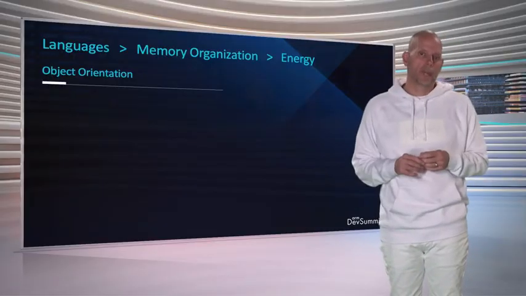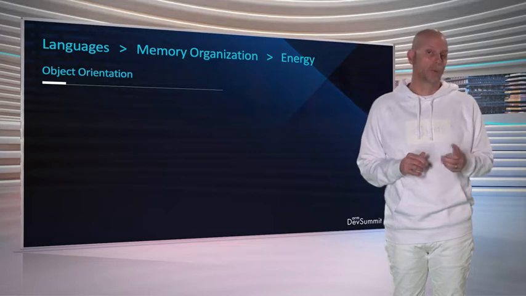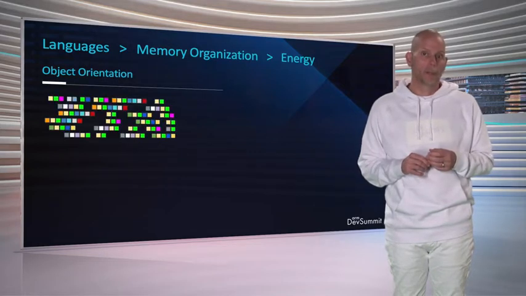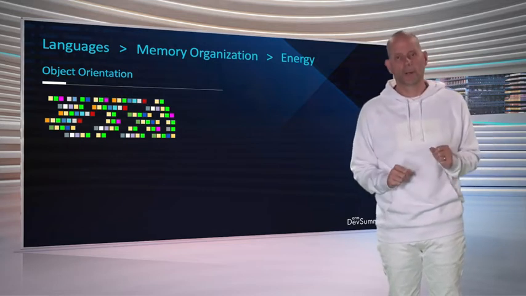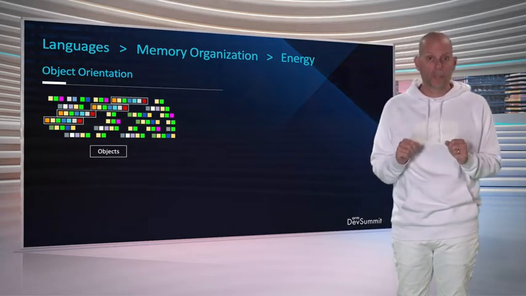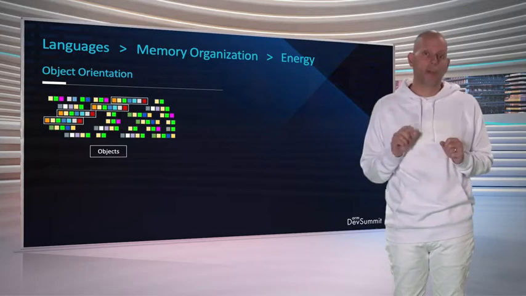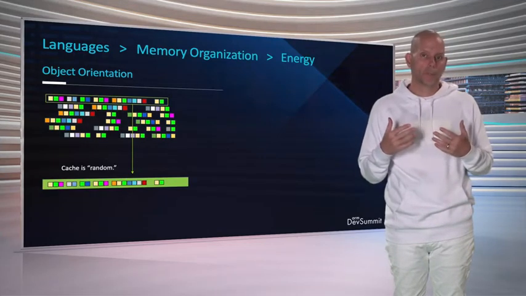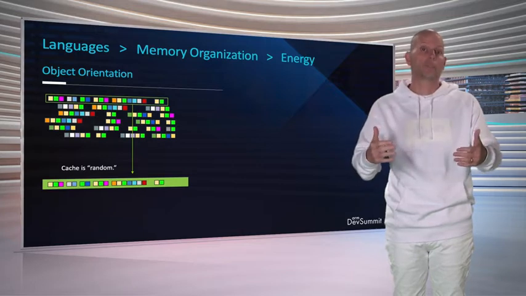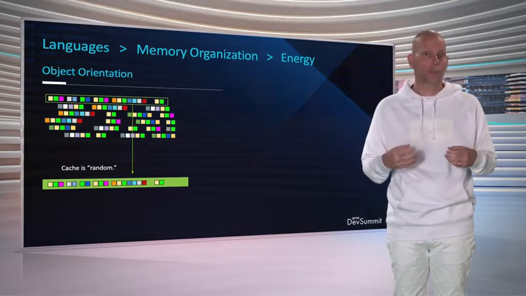A common type of language is one that is object-oriented. Here we have different objects represented at runtime as different clusters of colored boxes. You can see I have 4 objects of the same type outlined here in white. When we work with an object-oriented language, it fetches the object and its surrounding data into the cache to work with.